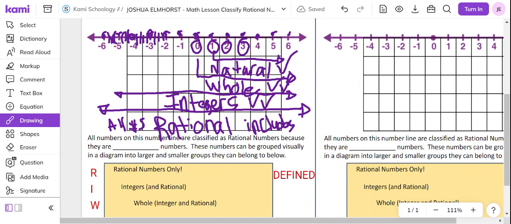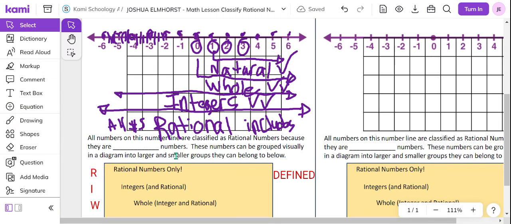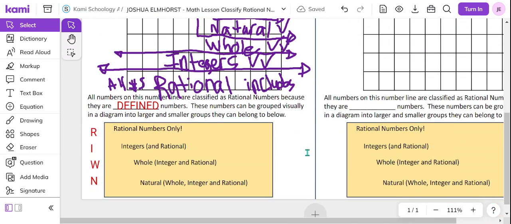So all of these numbers above are going to fall into the first category of rational numbers, which are going to be numbers that you can define. So it has a decimal that stops or that it is predetermined what it is. So these numbers can be grouped visually down below.